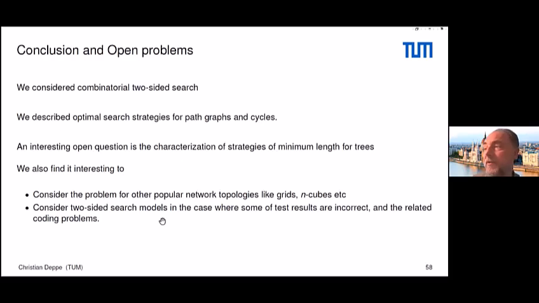For example, for coding, if you have a cycle and want to send the position to a receiver, then you can use, of course, our adaptive strategy for a channel with feedback. Then both know the questions, like, I think you should know this from my last talk. Then you have this equivalent formulation for coding and searching, and then you can use it.